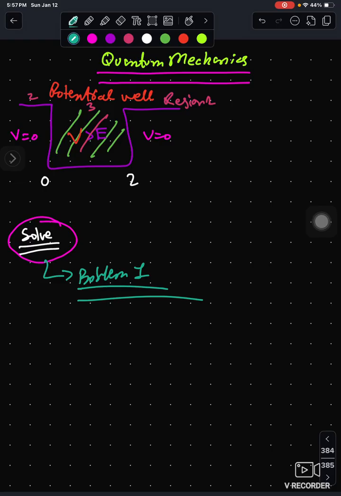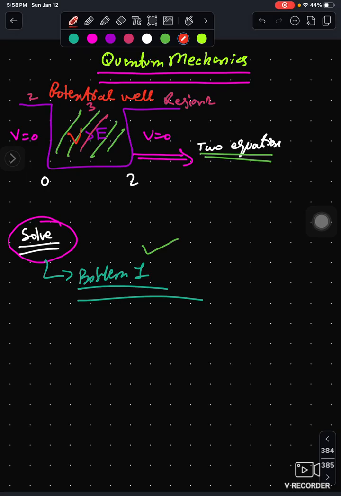So what we are trying to do here is solve the equations for this potential well, and we get two equations. Since the video is about solving the problems, we will not derive the equations, I'll just give them.